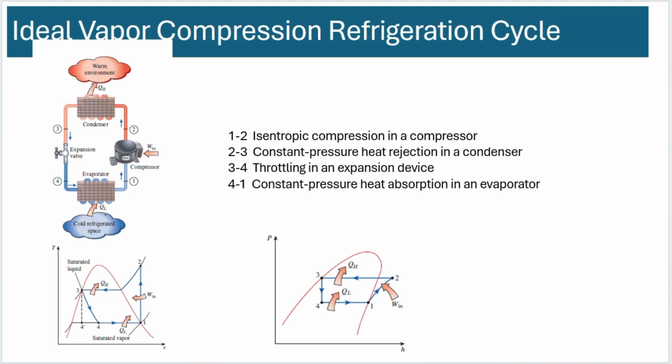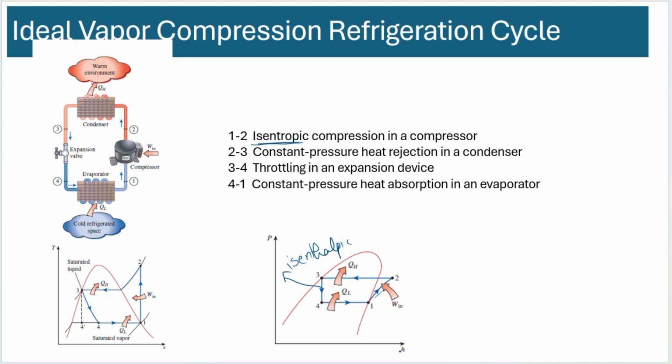So we have discussed the Brayton, we have discussed the Carnot refrigeration cycle. The third one basically is the vapor compression cycle. So in this case, there is isentropic compression. Isentropic compression only happens in one of the processes. Okay, the isentropic process only happens here. The expansion process is basically isenthalpic.